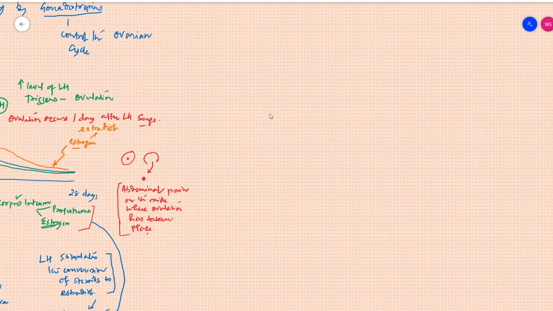So this is a very general diagrammatic representation of the fallopian tube.